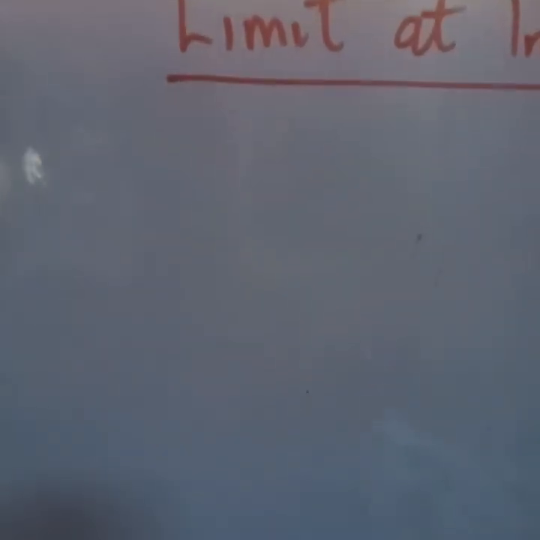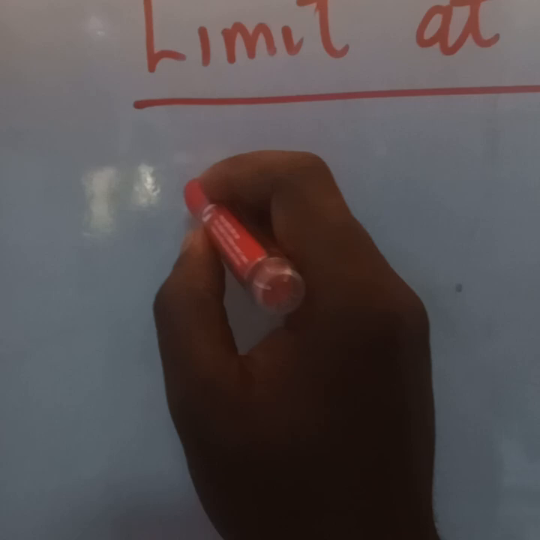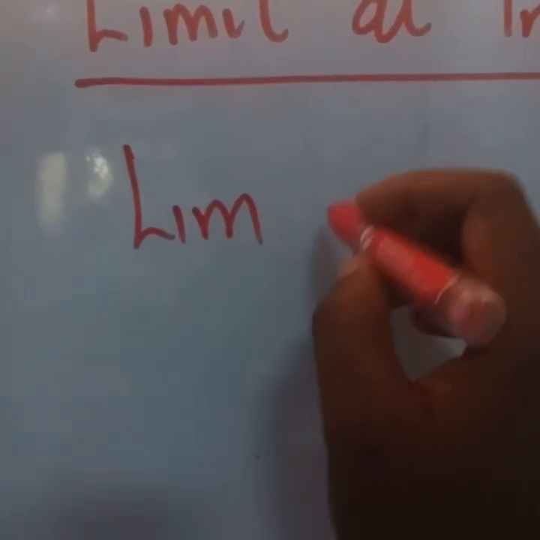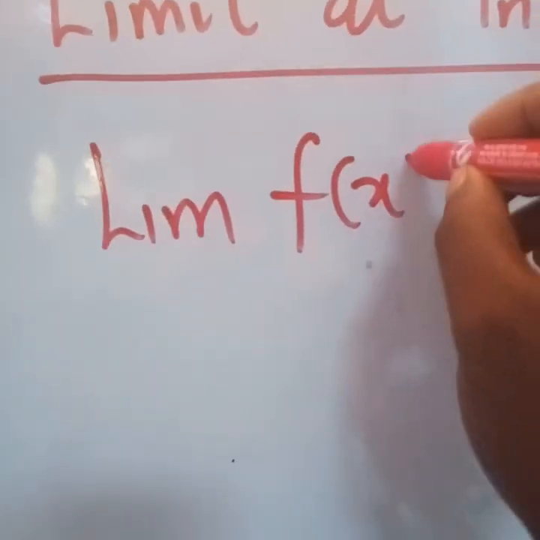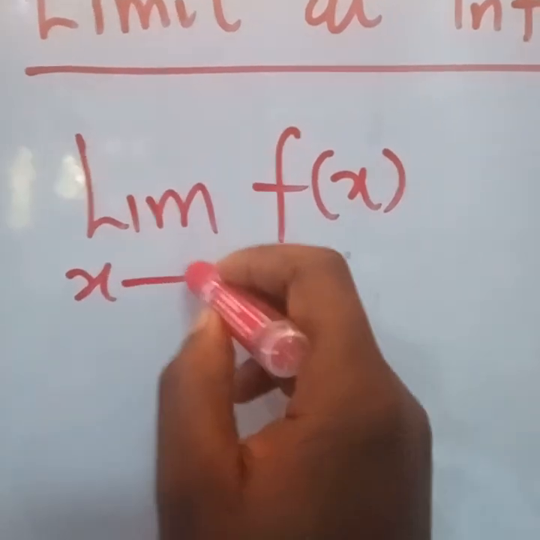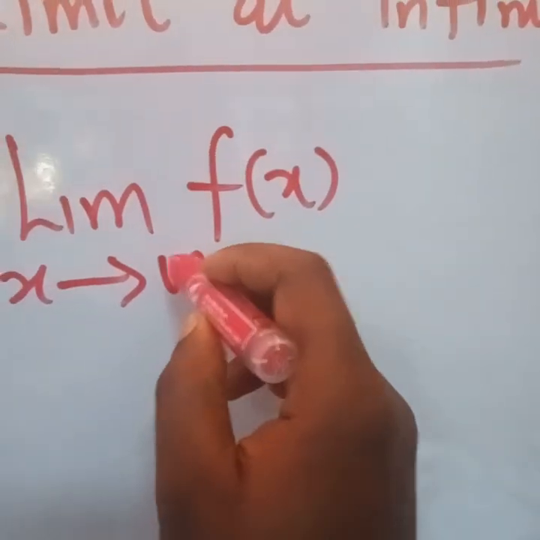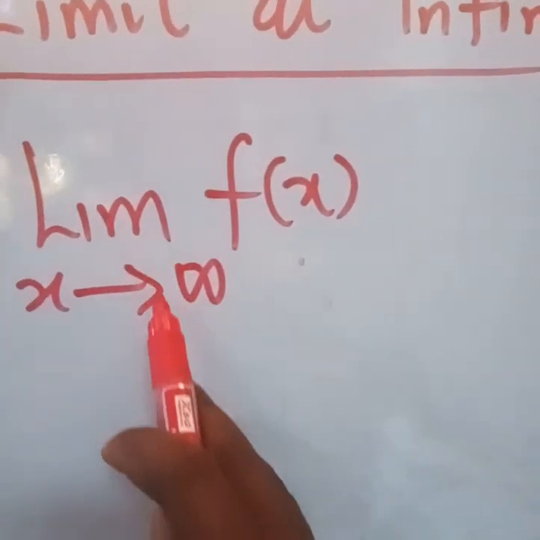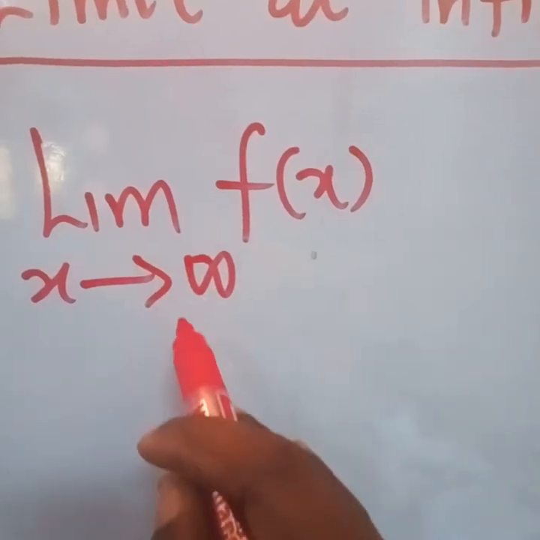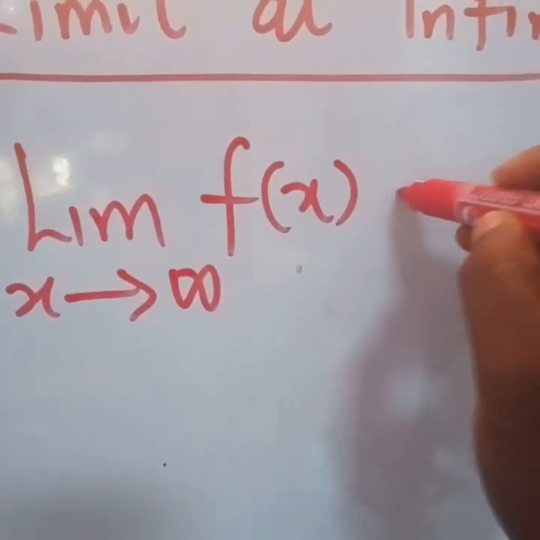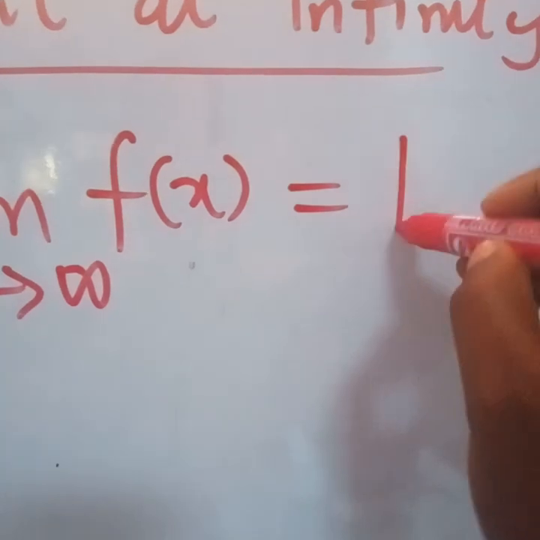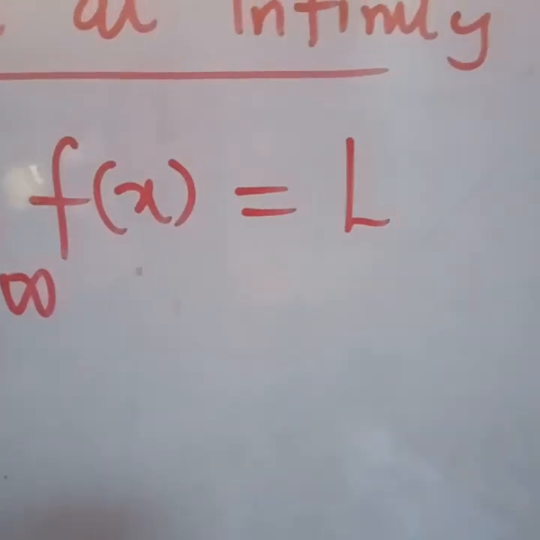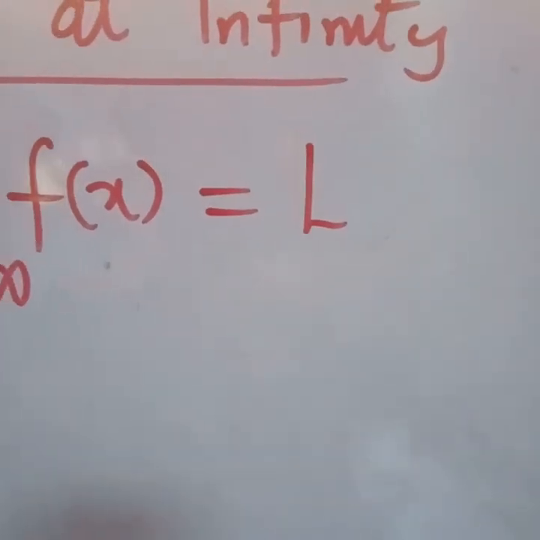What we are saying is this: if you have the limit of a function f of x when x becomes large, either positive or negative, what happens to the value on the vertical axis?